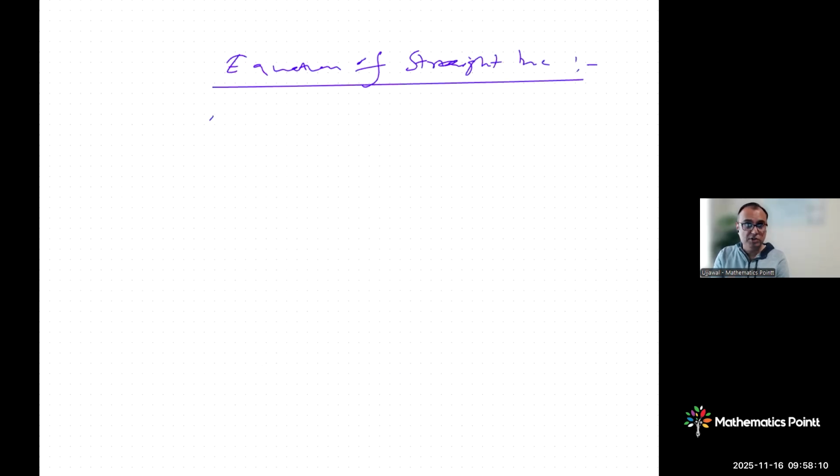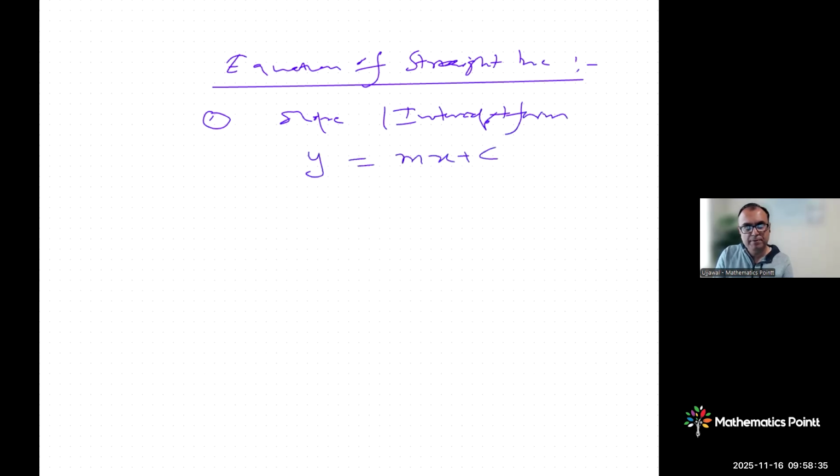First one, which you all know, is called the slope intercept form, which is y equals to mx plus c. So you need the slope and you need the intercept. This is what you're familiar with.